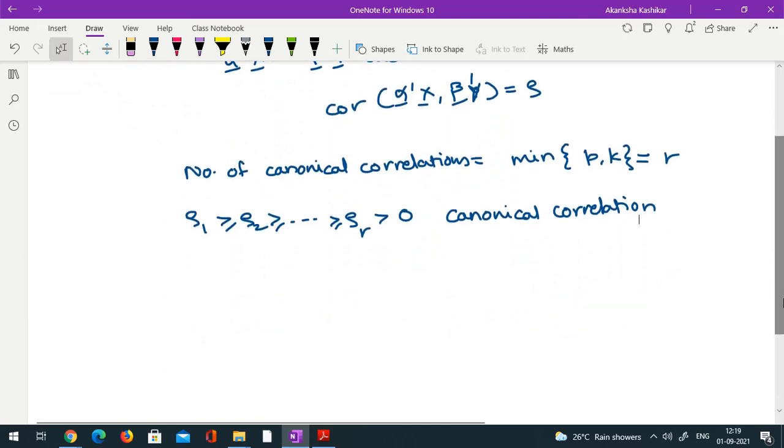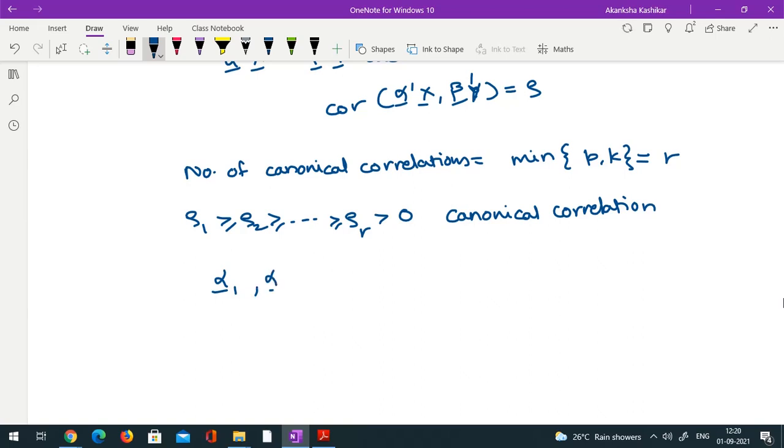So even though here I am just saying one alpha prime x and beta prime y, in reality I would have vectors alpha 1. See, my alpha 1 is no more a component of alpha. Alpha 1 itself is a vector of order p cross 1. I hope you are following what I am trying to say.